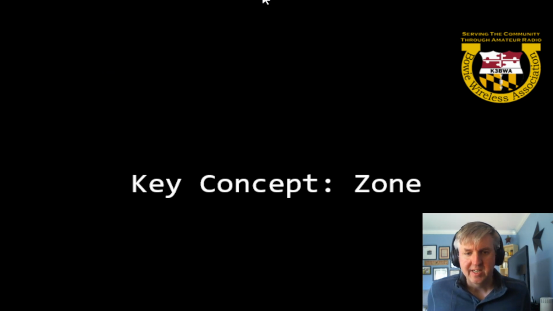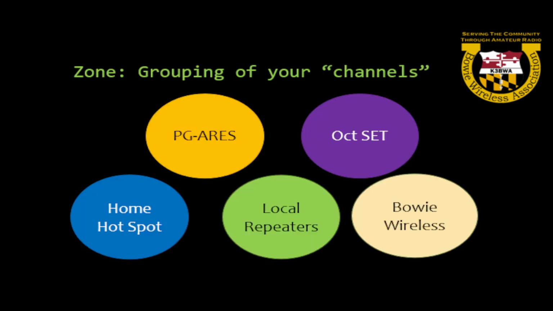Before I go into that, I want to talk about this notion that DMR has a concept of a zone. You can think of zones as a way to create a space for all of the channels that you want to communicate with. In the picture that I'm showing now, this is my particular setup. I have a couple of different groups of channels that I want to bin my things in.